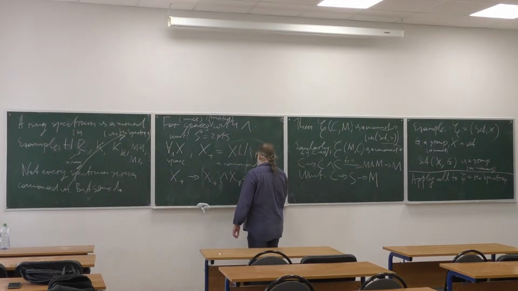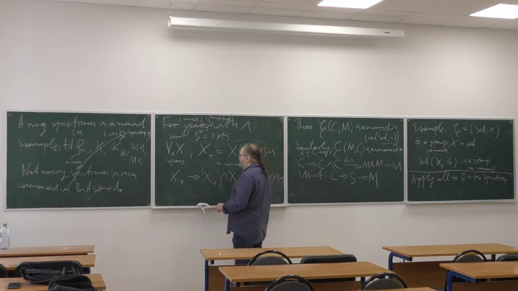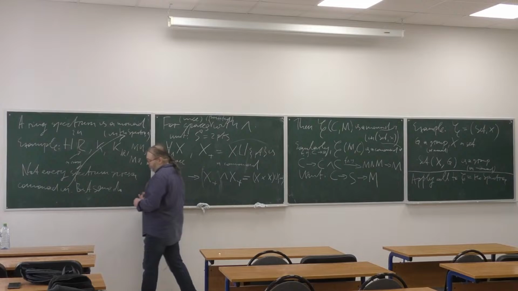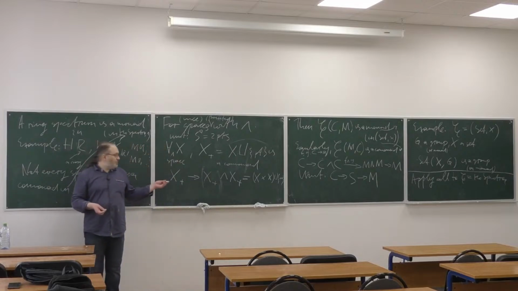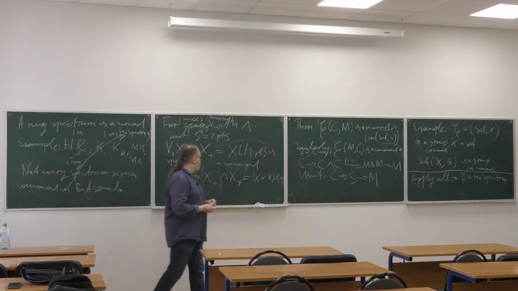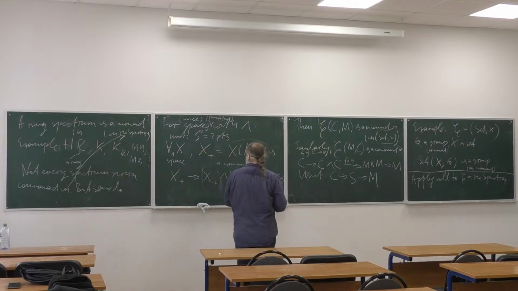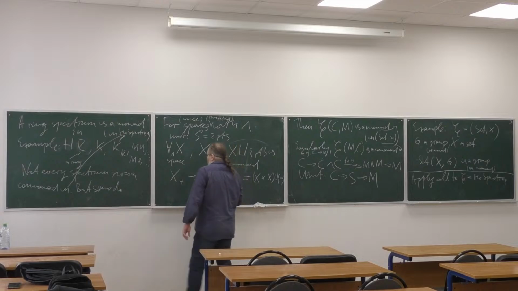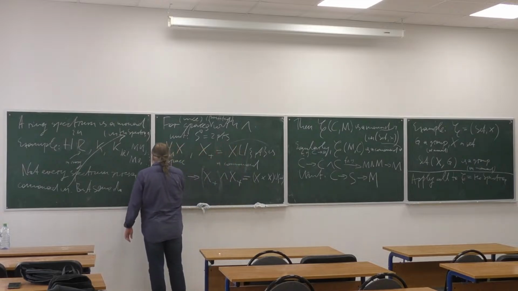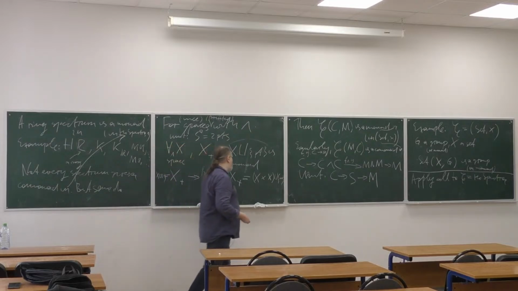This is x cross x plus infinity, and this is x plus infinity. So what do I do?